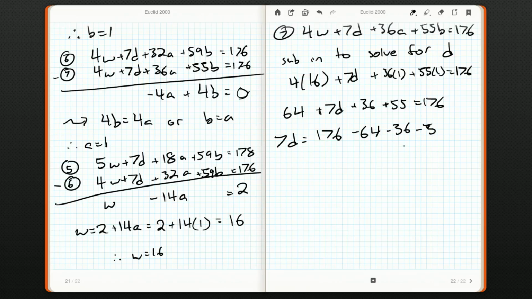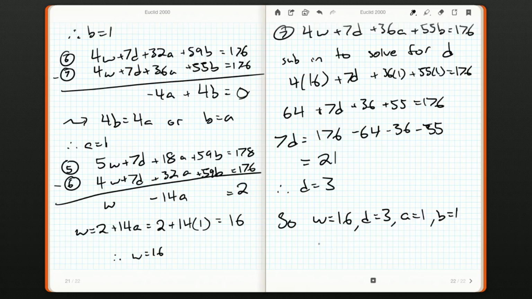So 112 minus 36, that's going to be 76. Minus 55, we're going to get 21. And D is going to be 21 divided by 7, so D is 3. So we just group all our information together in the end, and we have our final answer.